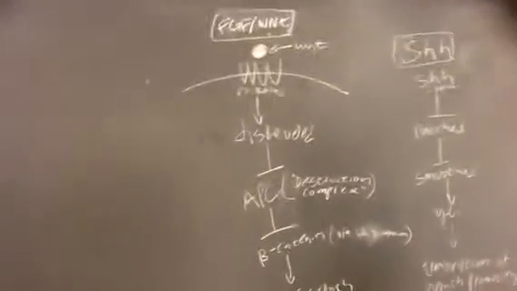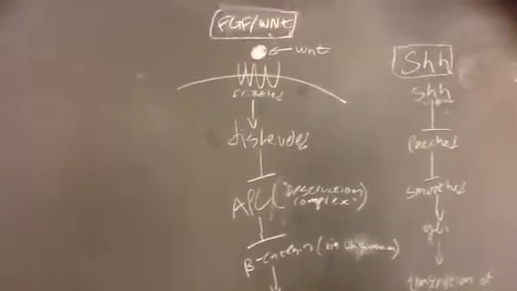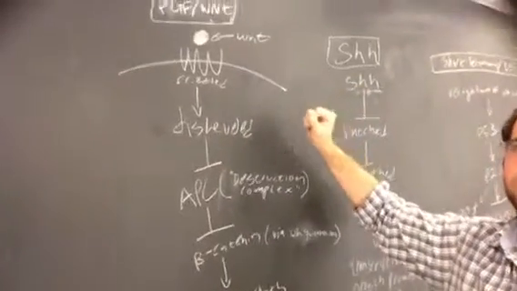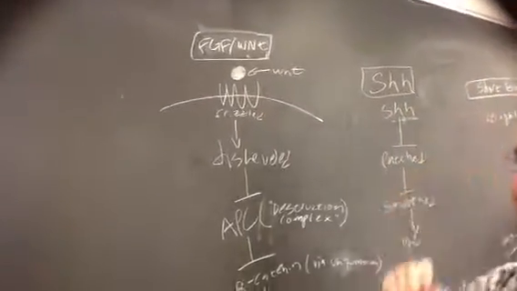So there's a bunch of different ways to induce or inhibit proliferation in cells. And a lot of these pathways are susceptible to becoming either cancerous or non-cancerous. So there's two different things.